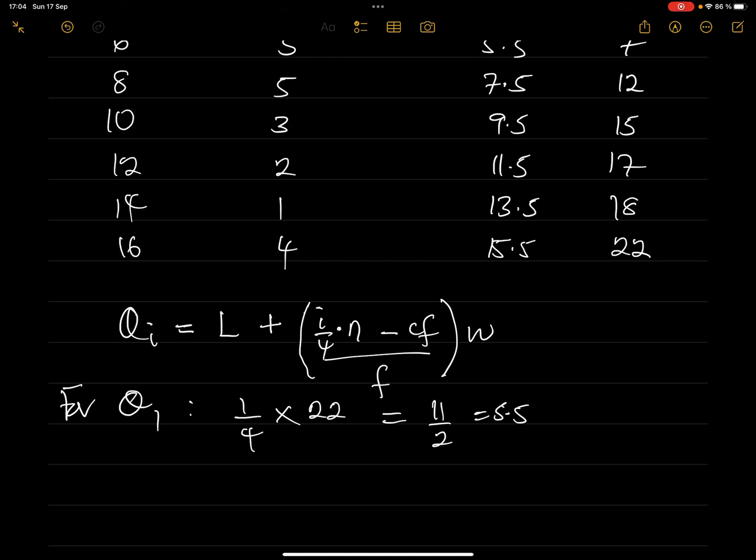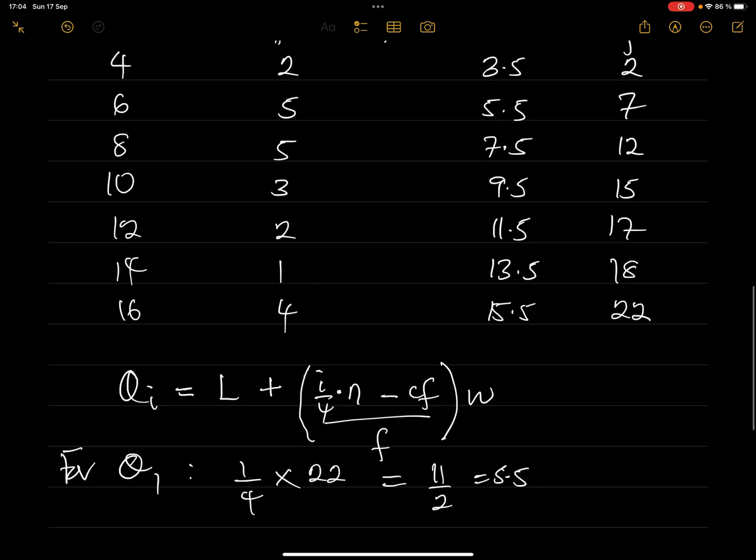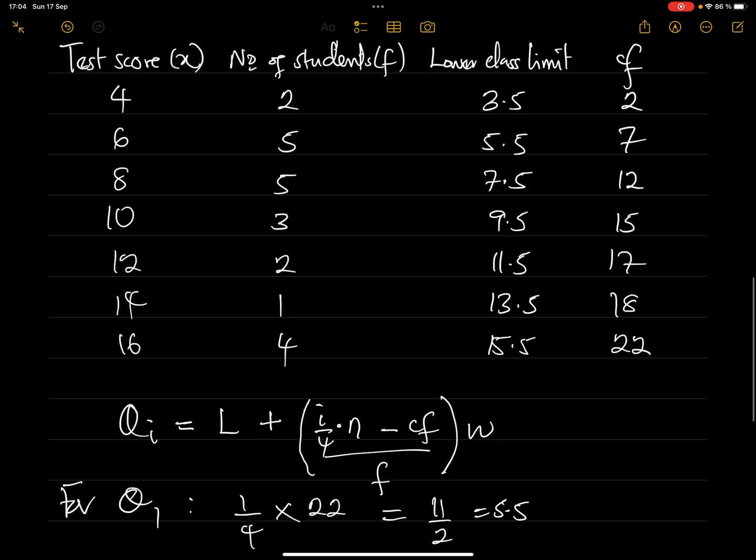And what that means, we need to get the location itself. This is the cumulative frequency of the location of interest. So when you now take this 5.5 back to the CF table, you can see that 5.5 is greater than 2, but less than 7. So 5.5 actually falls within this interval.